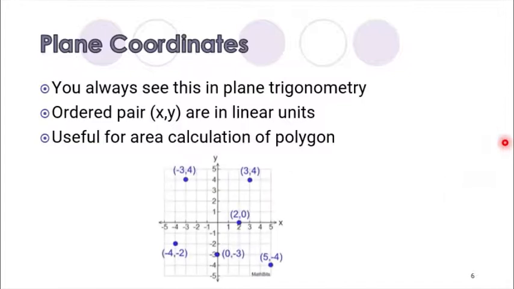For example, this point is (3, 4), this one is (2, 0), so the points are expressed in linear units. If you connect those points, they will form a polygon, and later you can compute the area of that closed shape.